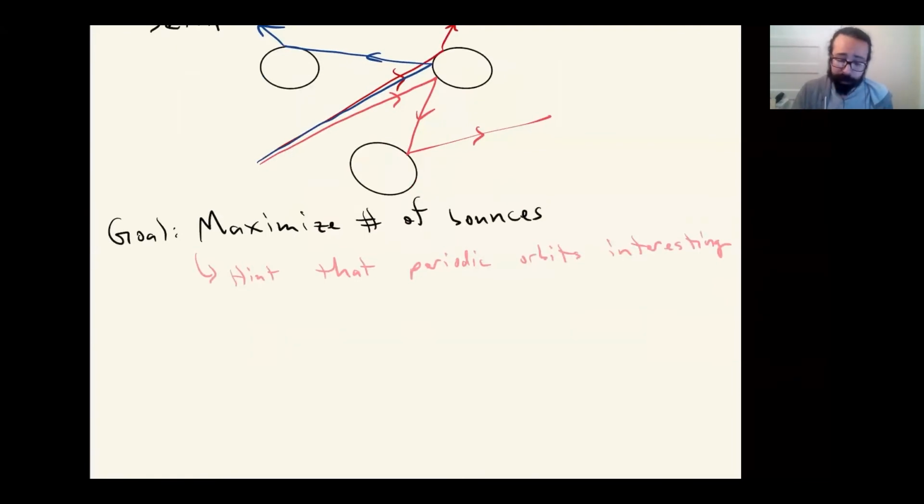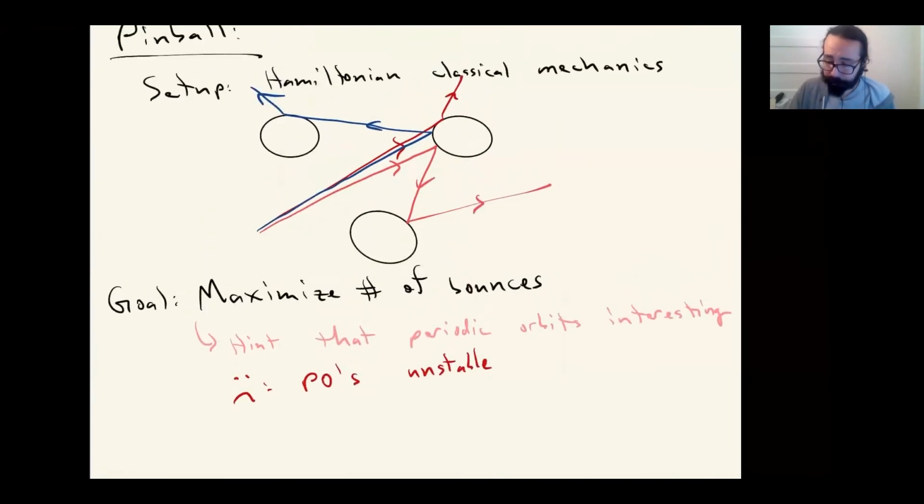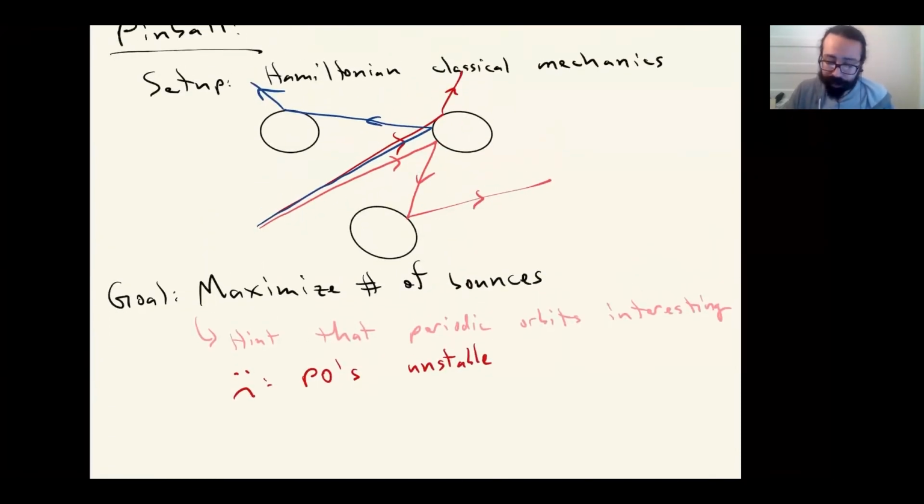But now, the sad part of the story is that the periodic orbits, so I'm going to abbreviate periodic orbits because I'm going to be saying it a lot, are unstable. And by unstable, what I mean is that, as we can see in this really crude sketch here, reasonably nearby trajectories sent into our pinball domain can have pretty dramatically different outcomes depending on exactly where you bounce off.